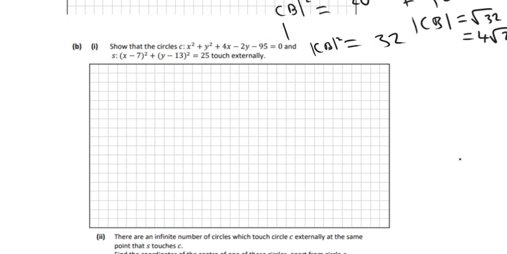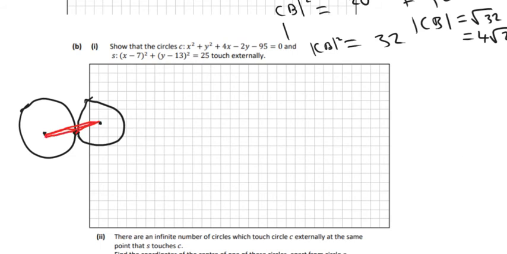Right, so for part B then, the first part, show that these two circles touch externally. When two circles touch externally, it means that they touch at one point, where one circle is barely touching the other. I didn't draw these very well, but what you should know is that the two radii added together, the radius of the two circles, is the distance between the two centers.